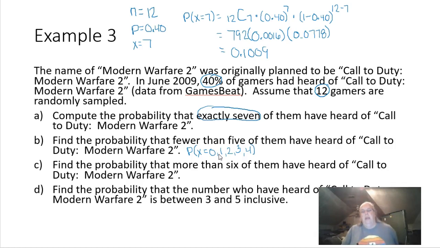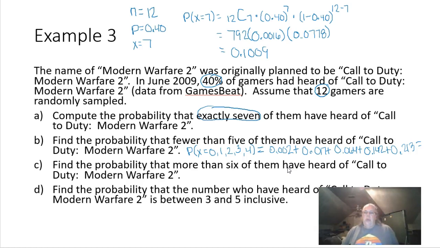Or, well, we could use the complement on this, but we'll end up looking up more numbers in the table that way. So it's probably best to go from this direction and just add the probability of 0 plus the probability of 1 and so on. All right, so let's go check out the table and see what each of these probabilities individually is. Here I have listed each of the individual probabilities.